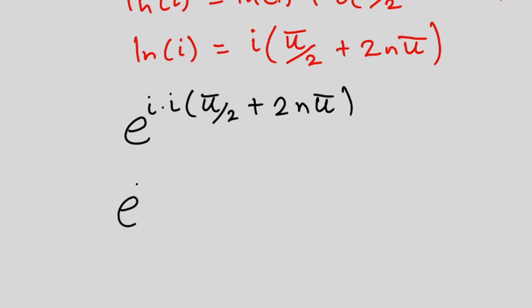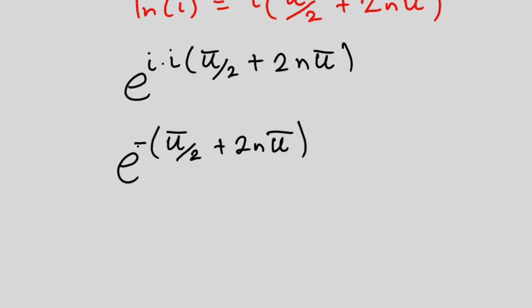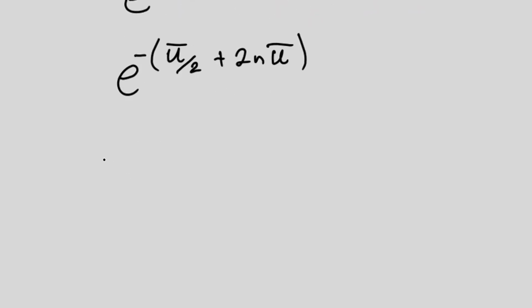So we will have e to the power -1 times pi divided by 2 plus 2n pi. And if you like, you can just end it here, or you can distribute this -1. If you do that, we're going to have e to the power negative pi over 2 minus 2n pi.